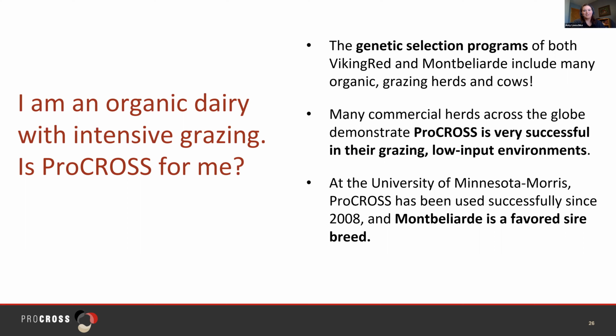And to date, that herd has 22 years of experience in crossbreeding, and has been using ProCross since 2008. Today, Montbelliard is a favored sire breed in that system. So that's why, if you poll me personally, I'm very adamant that Montbelliard is successful and important to use in a grazing environment as well.